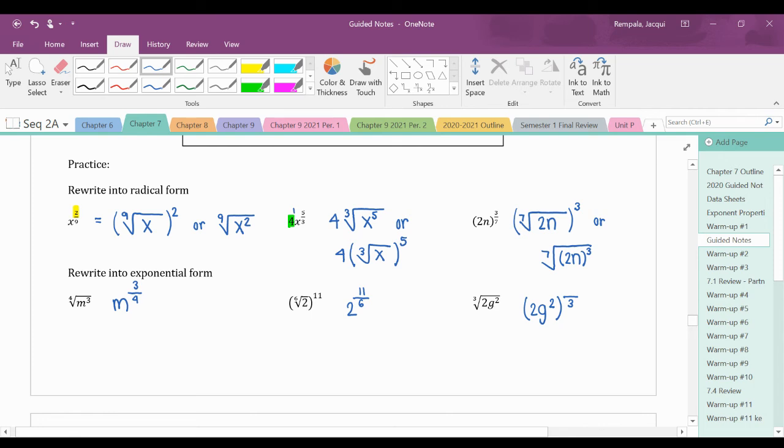Okay, notice that I kept that 2 in the parentheses with the g. Because it didn't have anything to do with that other base, which was a 2, I can't move that 2 out as an exponent with the 3. I'm going to have to put a 1 because technically that's what this whole thing was being raised to. It's being raised to the 1st power.